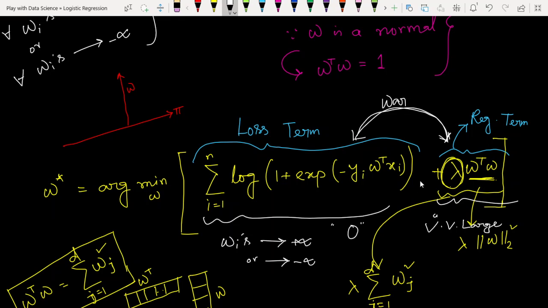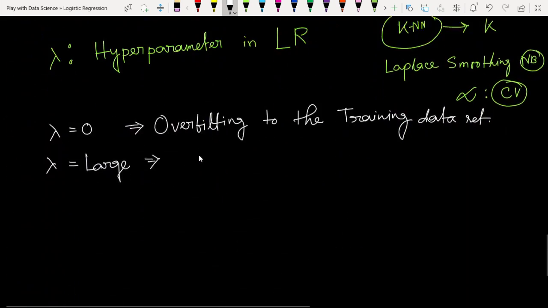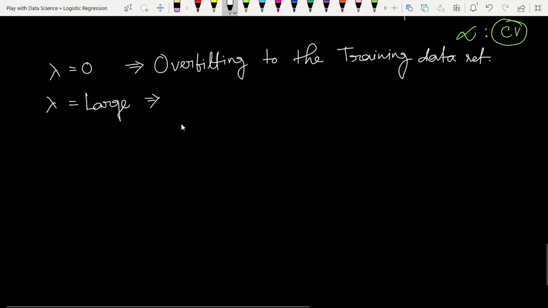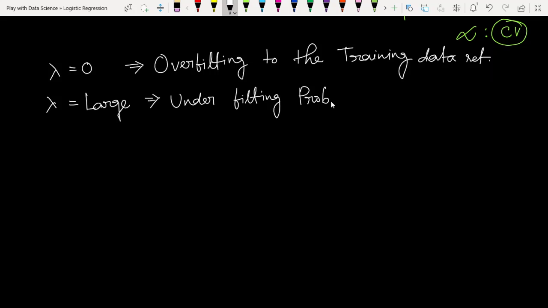Our data set has no effect on the final w star, and the only thing left is our regularizer term. So in such a situation, we face the underfitting problem, because the data set has no role.